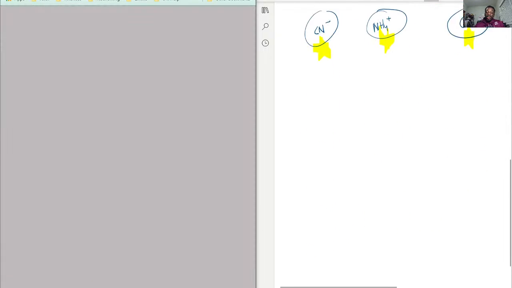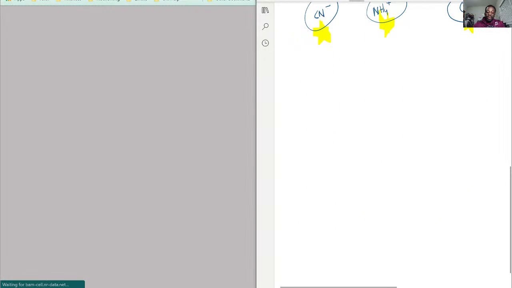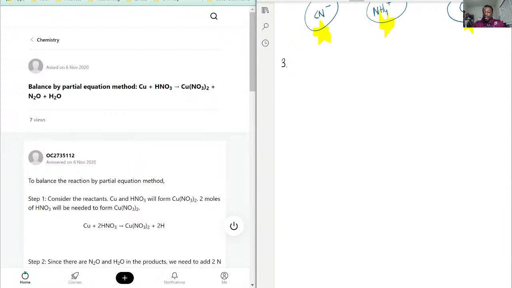Now move on to question number 3. We have balance by partial equation method. So we have copper plus nitric acid equals copper nitrate plus dinitrogen oxide plus H2O.